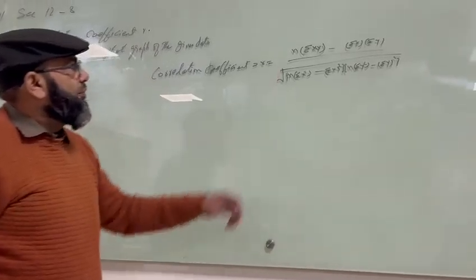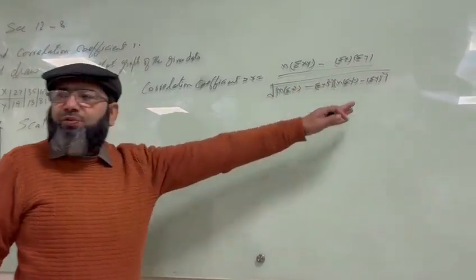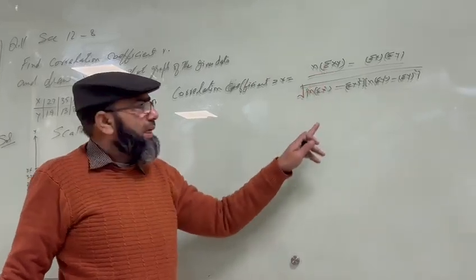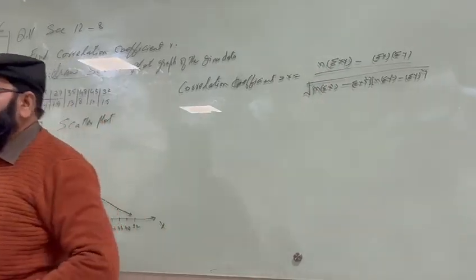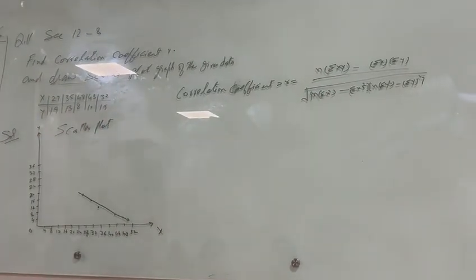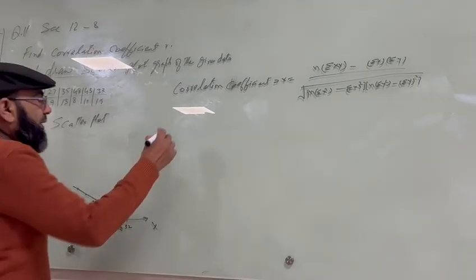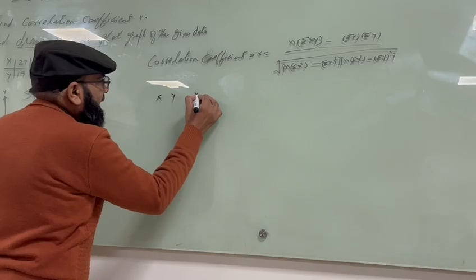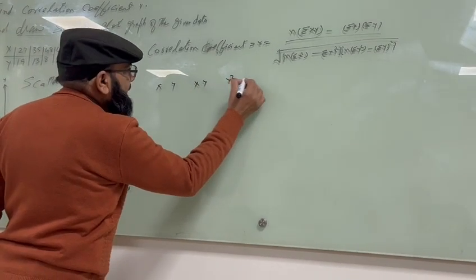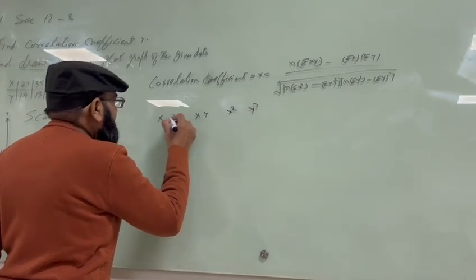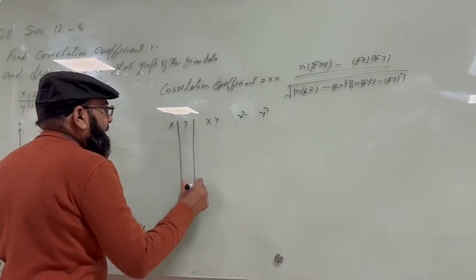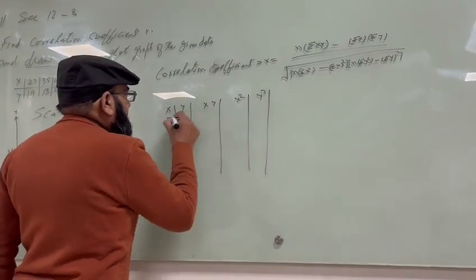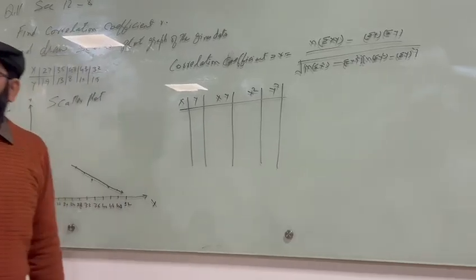So what do we need? Summation of x, summation of y, product of xy, square of x, square of y. Let's make a table for the requirement. The table is x, y, xy, x square, y square. Now open your calculator.